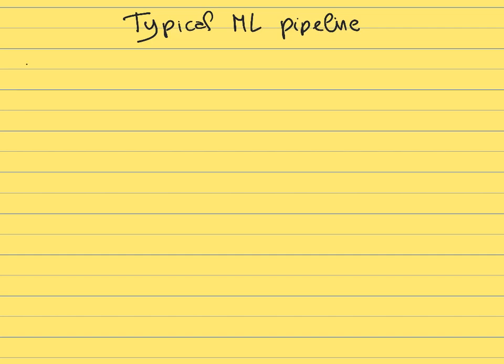So the first thing is, once you have identified the engineering problem that you are trying to solve, the very first thing that you will need to do when you want to address this problem using machine learning is going to be to collect data.